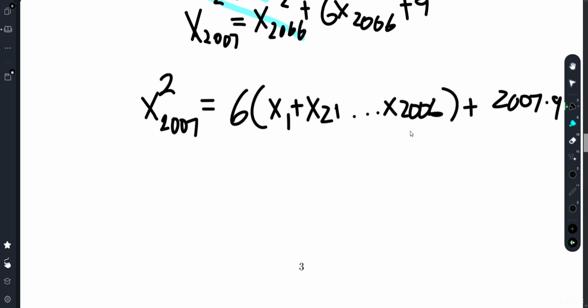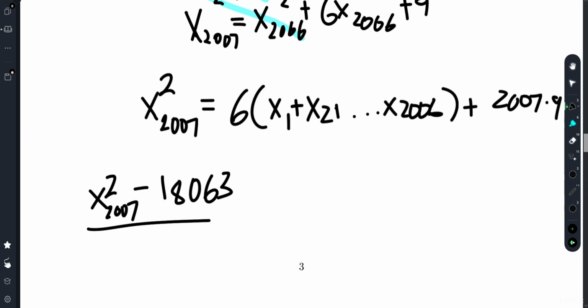And so what is 2007 times 9? It is 18063. And so we know that x2007 squared minus 18063, over 6, is going to be our answer, and we just want to take the absolute value of this.